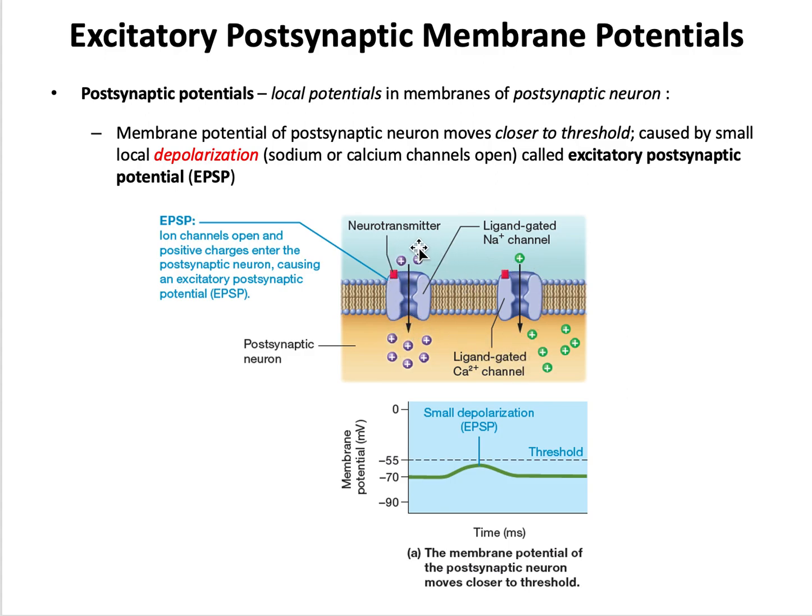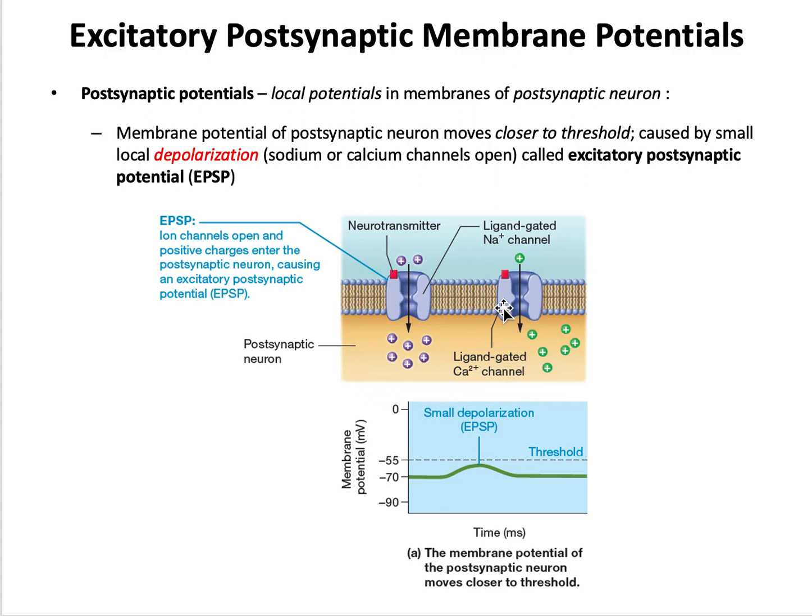So in this case, both of these ionotropic receptors are allowing positively charged ions into the postsynaptic cell. For example, sodium, because there's a higher concentration of sodium on the outside, so sodium's going to rush in. There's a higher concentration of calcium on the outside, so calcium's also going to rush in.